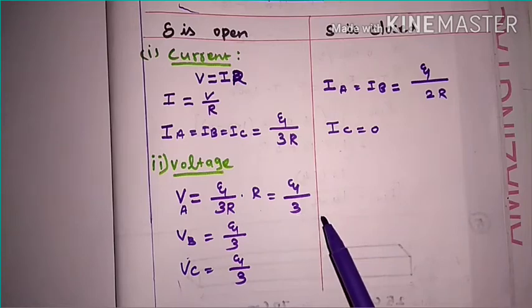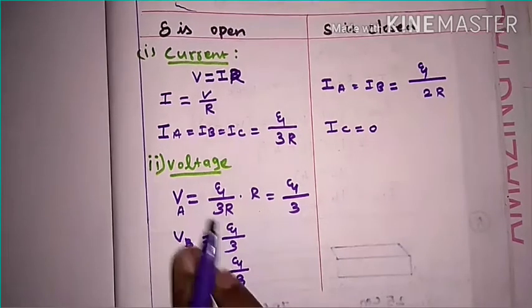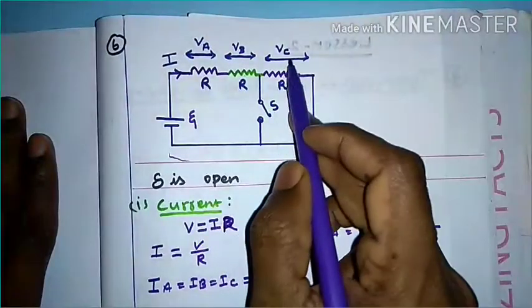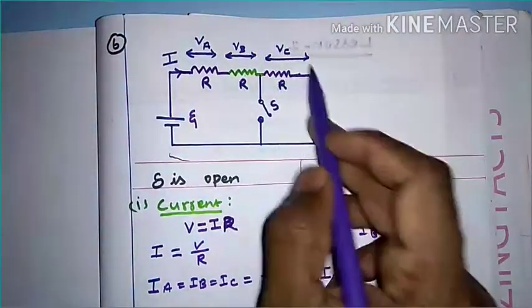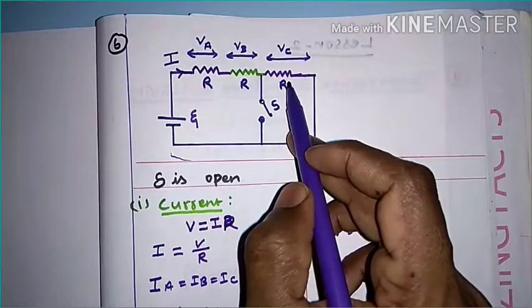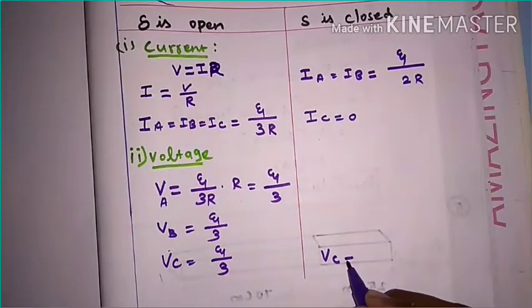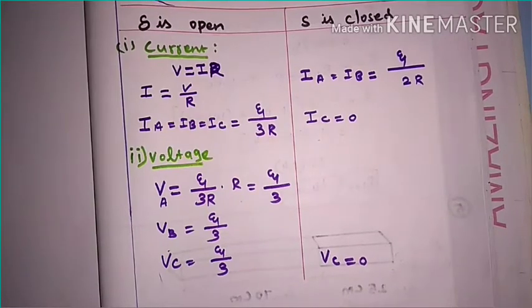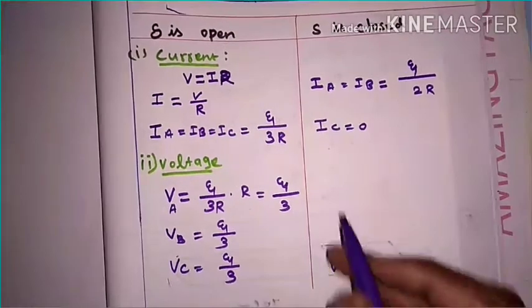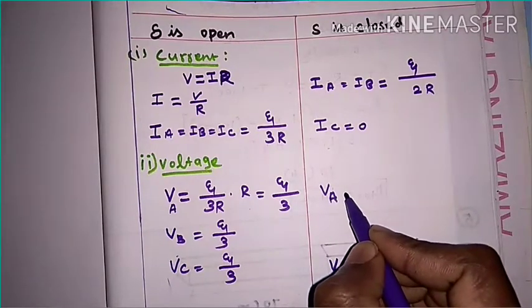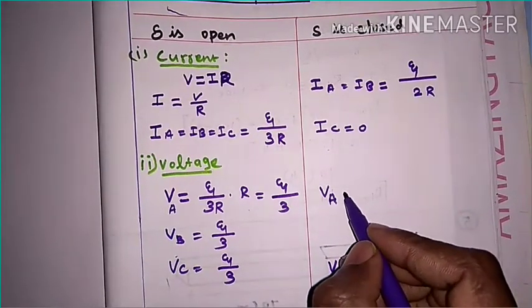Next, when the circuit is closed, there is no current flow through the third resistor. Therefore, there is no potential across the third resistor, so VC is equal to 0. Now I am going to find out VA and VB when the switch is closed.